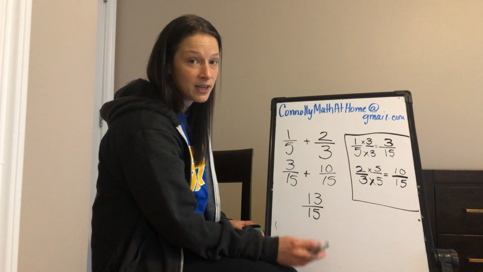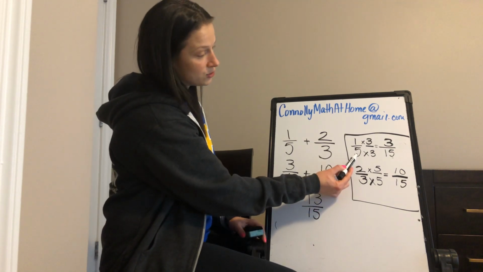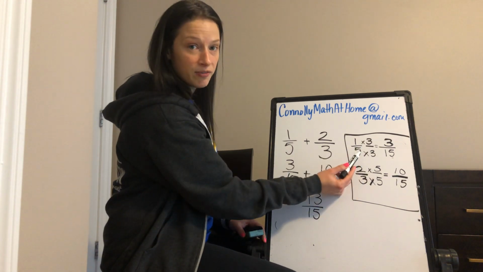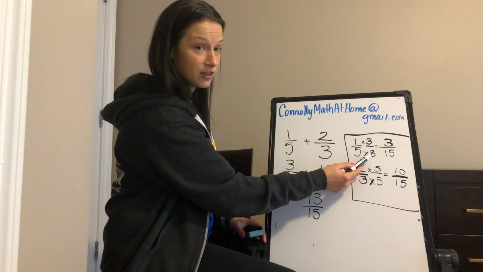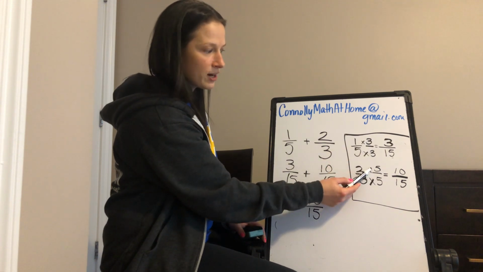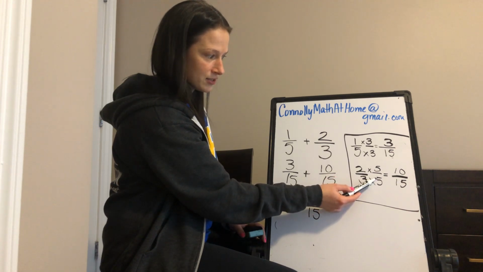Parents at home, I want to tell you something that's confusing sometimes. After the students do this first making equivalent fractions, they multiply the numerator and denominator by 3/3. Sometimes they want to go down here and use the same number, 3/3.